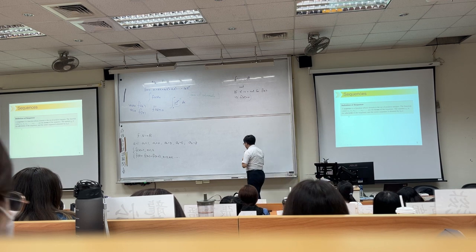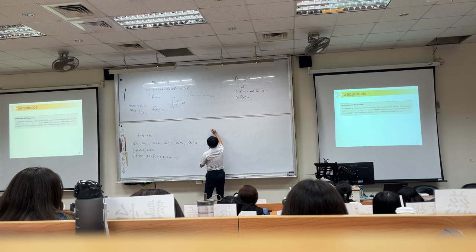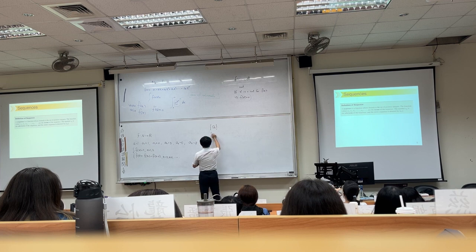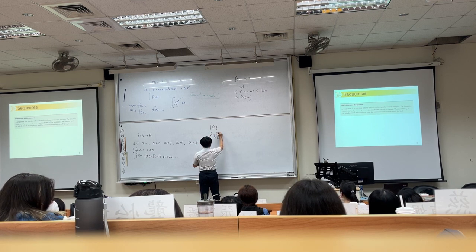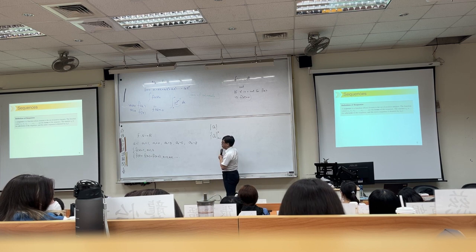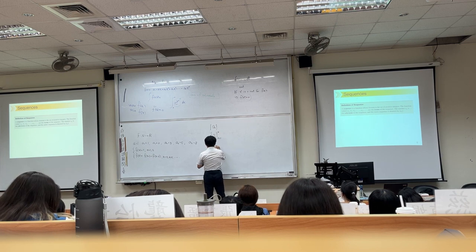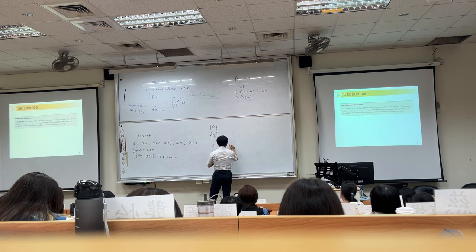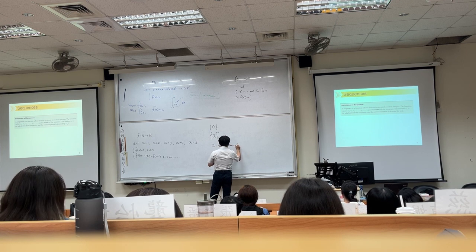So we say the sequence, you can write it this way, a sequence a sub n from 1 to infinity, you can write both ways. And a sub n is the nth term of the sequence.